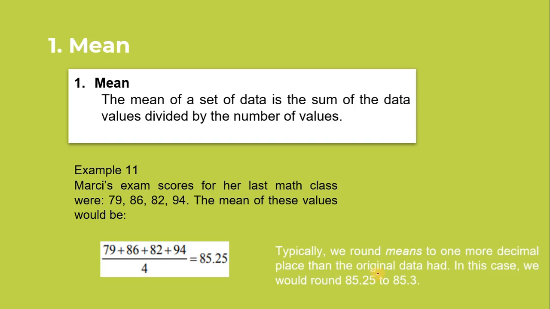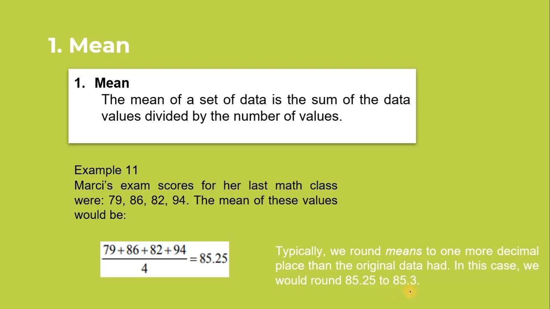We usually have at least 2 decimal places. Typically, we round means to one more decimal place than the original data had. So in this case, we would round 85.25 to 85.3.